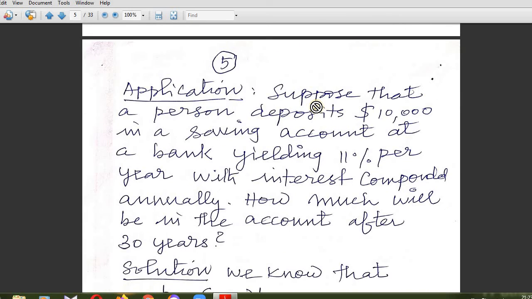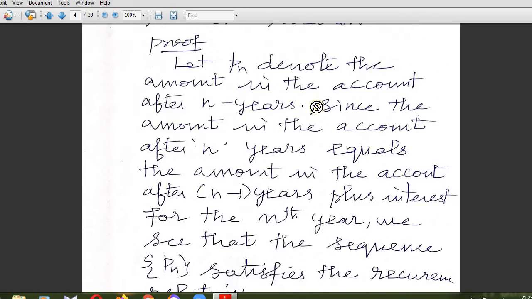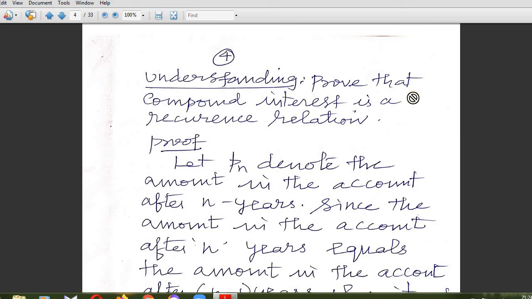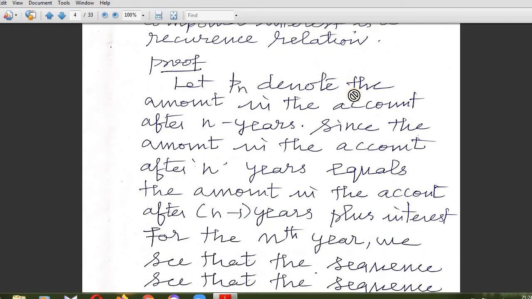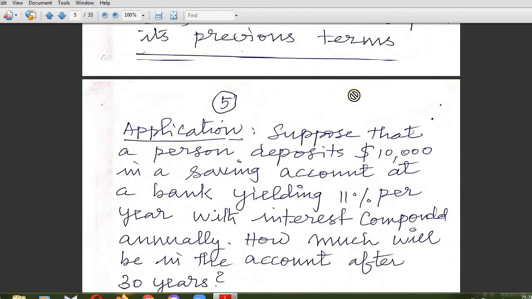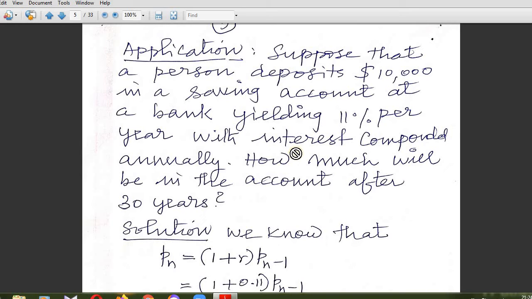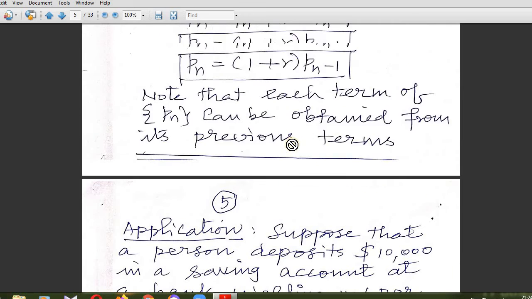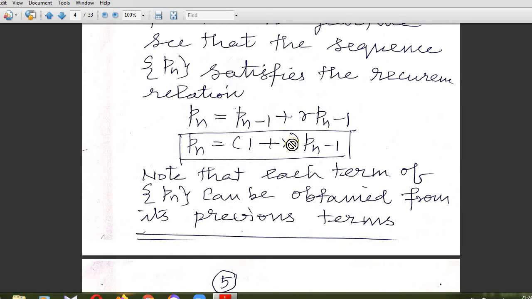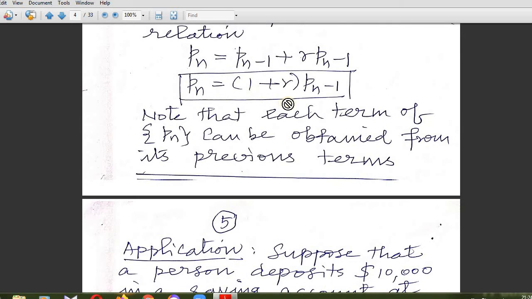Now we are applying this particular idea of recurrence relation connected to compound interest to solve a particular problem. We are going to solve that by using the compound interest recurrence relation, Pn equals (1 + r) Pn-1.